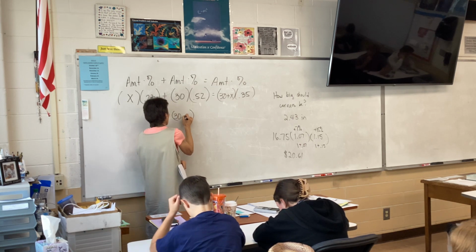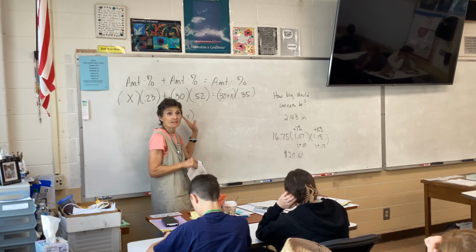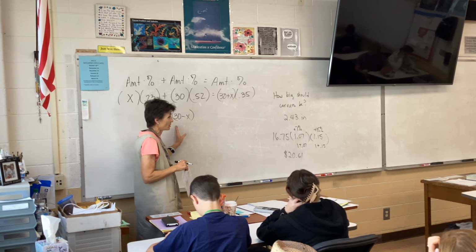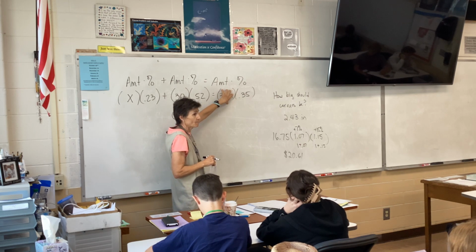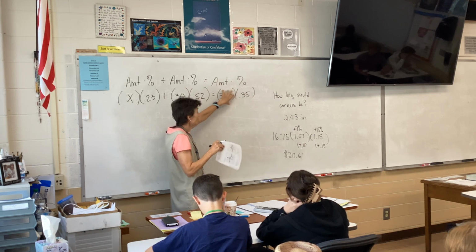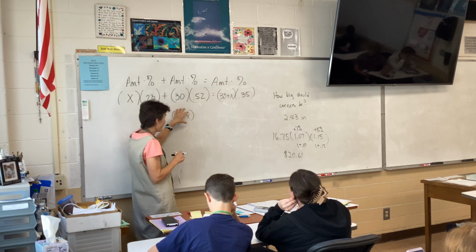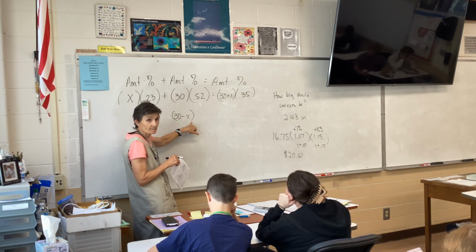No, 30 minus X. That's why I like this order. It's gotta be number plus X, number minus X. With the addition, it won't matter. With the subtraction, it does. So if your blank is here, it's your number, which in this case is 30, plus X.